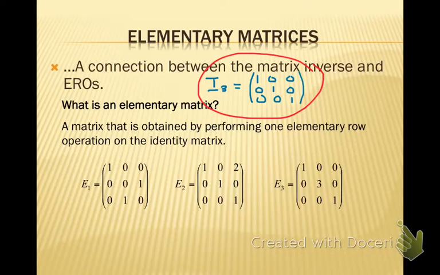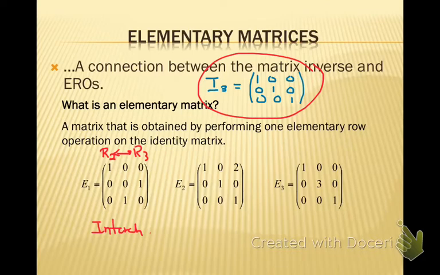To get to E1, we must perform one row operation on the identity. E1 represents a row interchange, because to get E1, we take the identity and interchange row 2 with row 3. So again, this elementary matrix represents an interchange. E2 represents a row replacement.